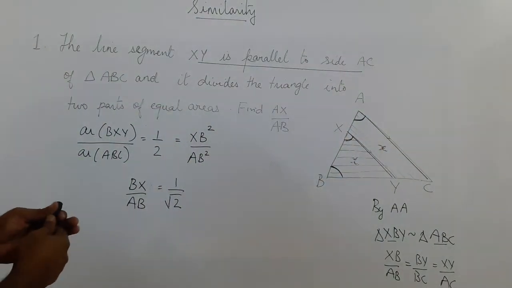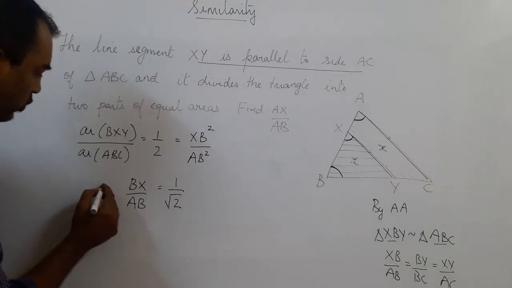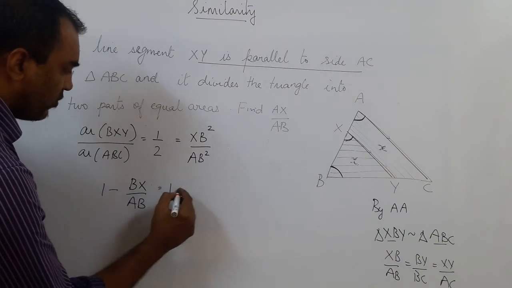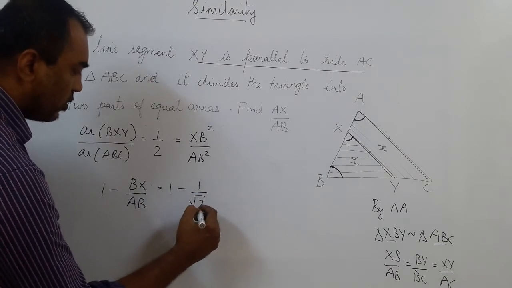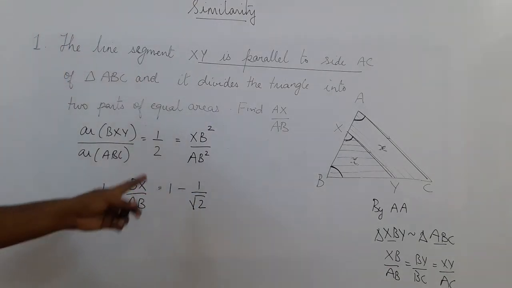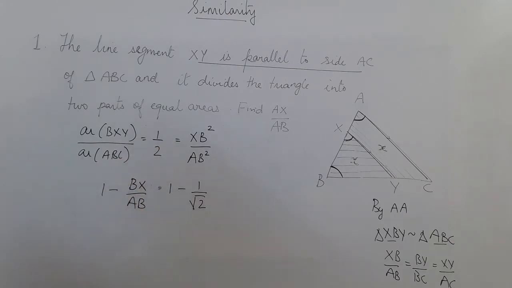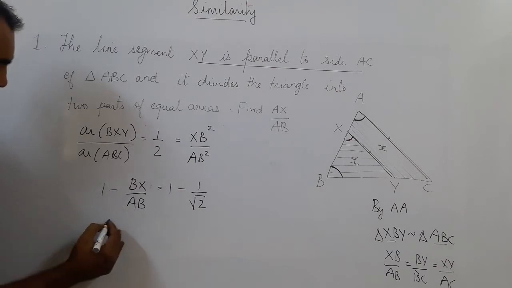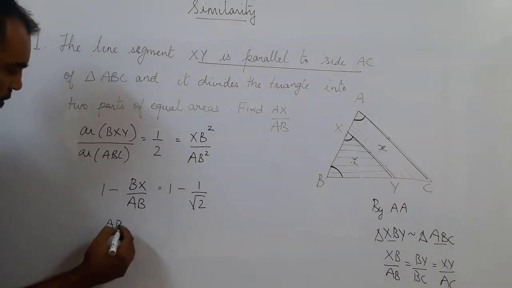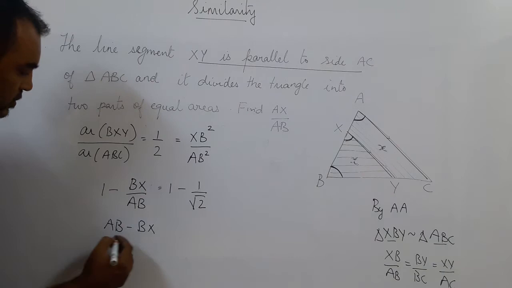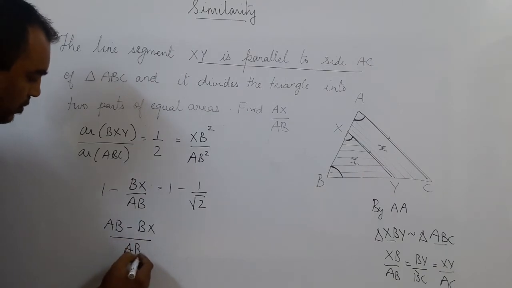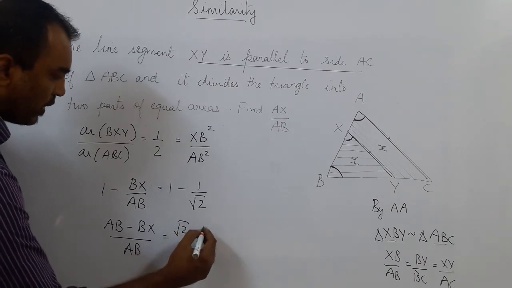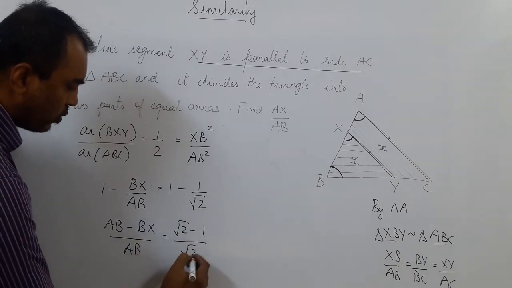To get that, what will I do? I will do 1 minus this ratio on this side, in the same way 1 minus this ratio on this side. Subtracting both the ratios from 1, on both sides. So now in the LCM you get AB into 1, AB minus BX upon AB. Same way here, root 2 into 1, root 2 minus 1 upon root 2.